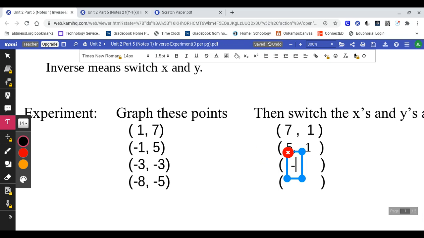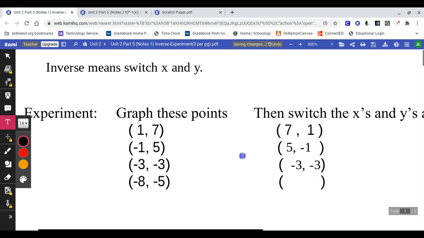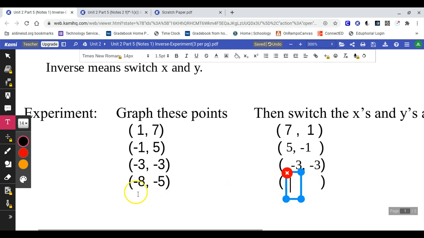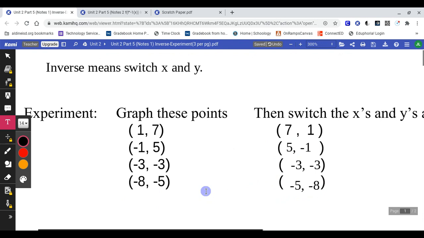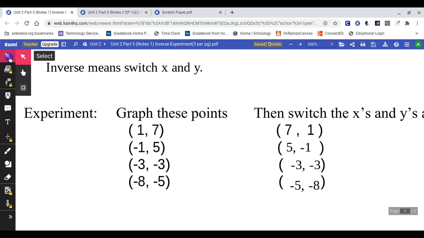The -3s technically switch, but they're the same point, so we wouldn't be able to tell. And then for the final point, the -5 and -8 would switch. So when we're given ordered pairs, that's really all we need to do.